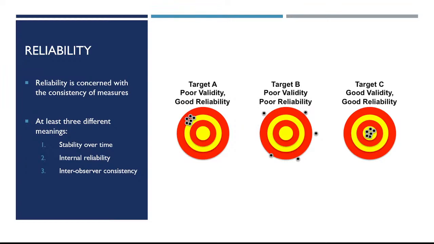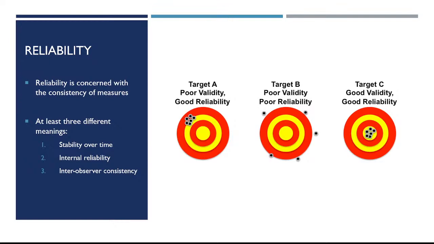And then there's interobserver consistency. This one is more like if you had multiple people using a similar method or procedure, they would all get relatively consistent results. That's basically reliability: you want to be getting consistent measurement in some way.